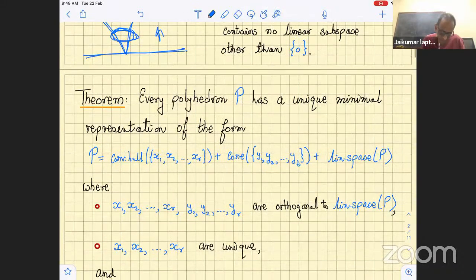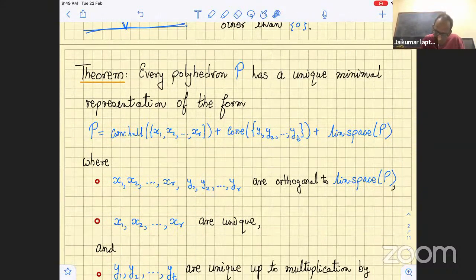Okay. And here some uniqueness holds. The linear space is completely determined, which is not hard to see. And then the cone is generated by these yi's. These yi's are unique, but not absolutely unique.